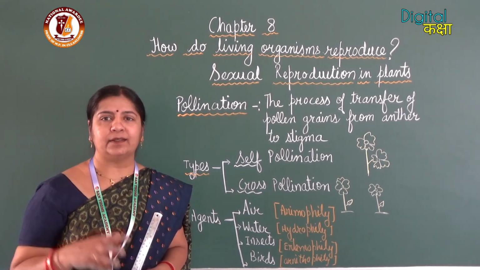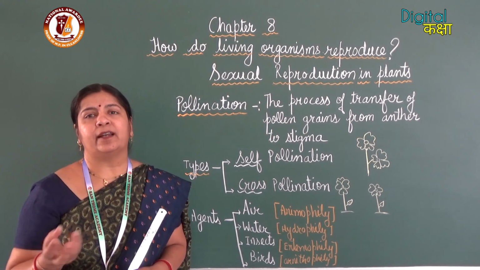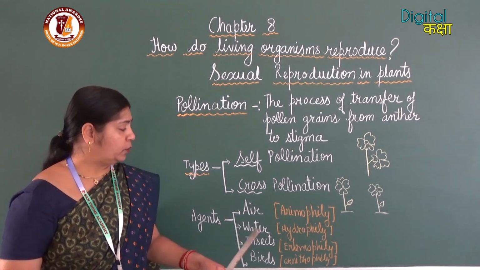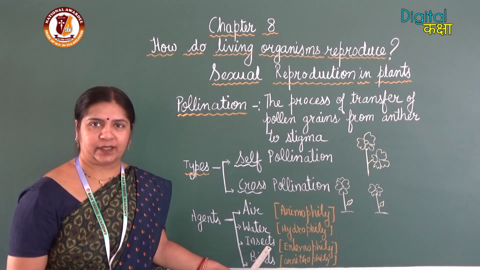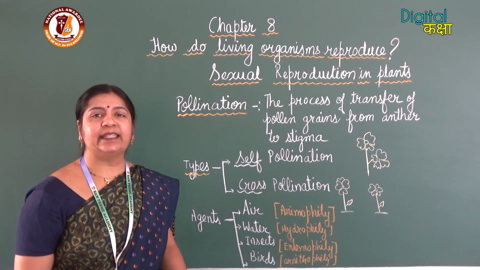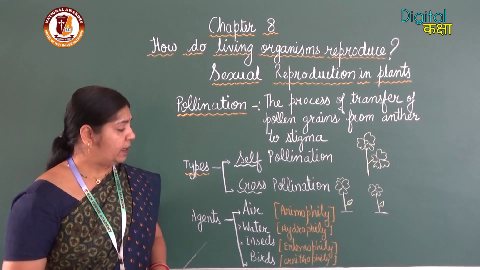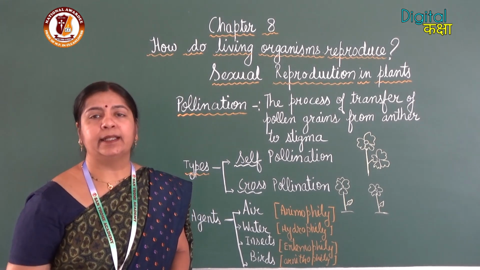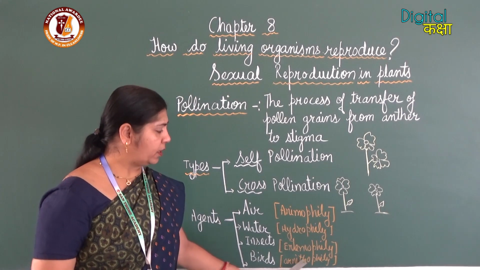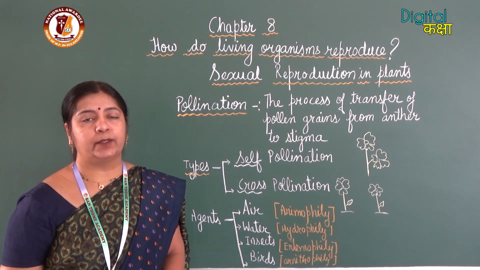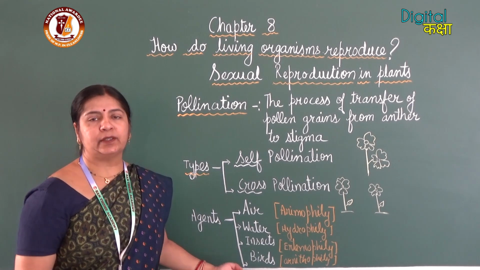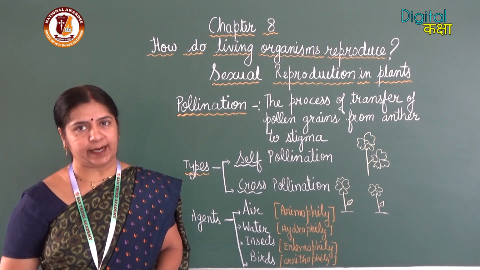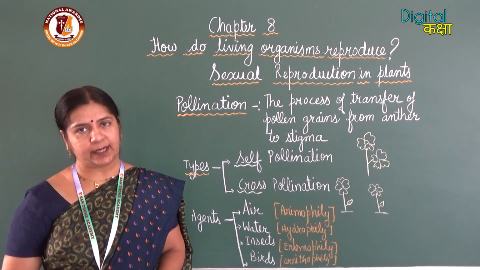When they sit on flowers, the pollen sticks on their wings, legs, etc. and gets transferred. If insects help in pollination, we call it entomophily. And if birds help in pollination, we call it ornithophily. So these are the various agents which help in pollination, the transfer of pollen grains from anther to stigma.